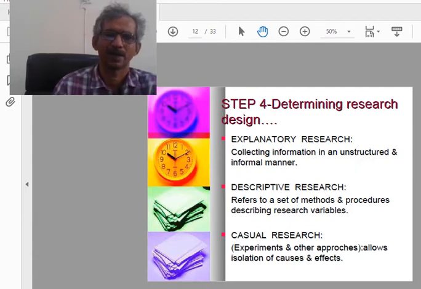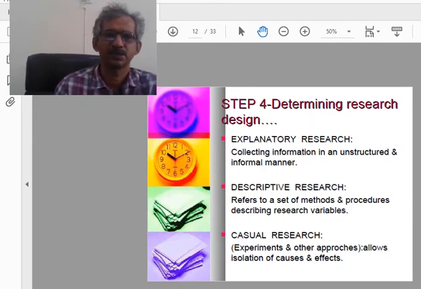When someone is trying to explain some situation, we conduct the explanatory research, and the data collected for this purpose is unstructured and informal in nature. Then second is the descriptive research. It refers to a set of methods and procedures describing research variables.